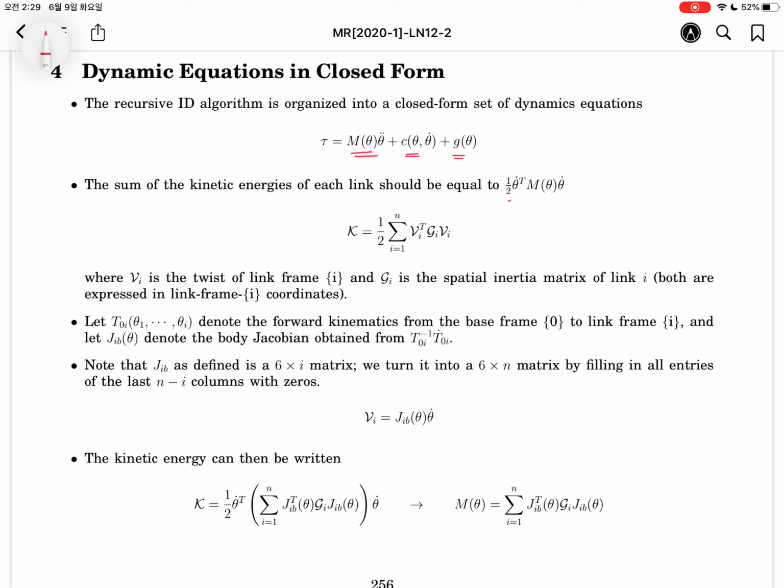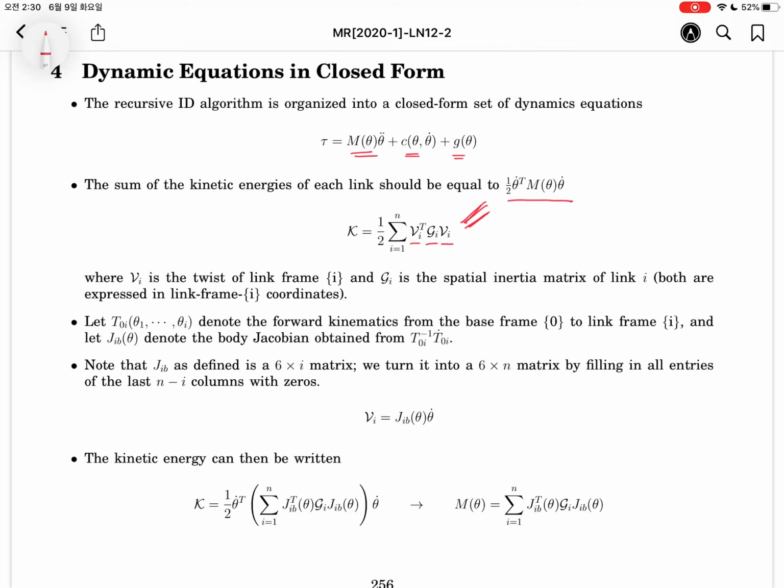Maybe we know that the kinetic energy in terms of the theta dot and the theta will be equal to the sum of the twist and the spatial inertia and the twist. Okay, both are the same because the energy is not dependent on the coordinate frame, so they should be equal to each other.